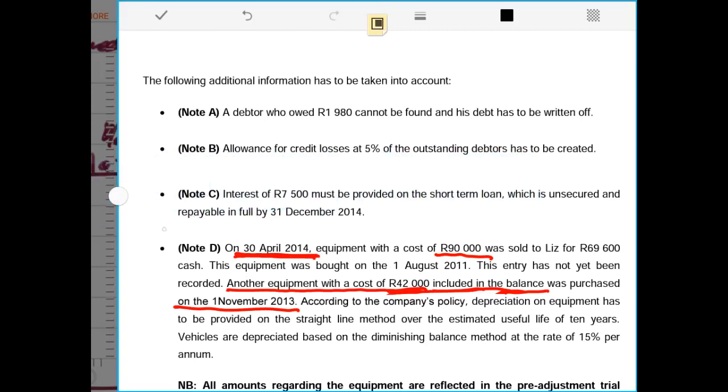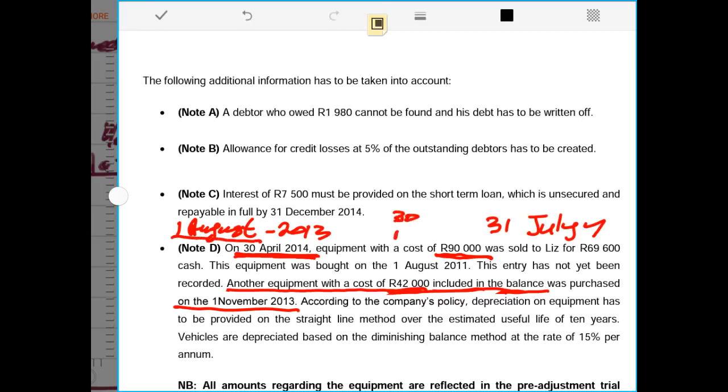Remember, the 2014 accounting period started on the 1st of August. 1st of August 2013 was the beginning of the 2014 accounting period, and this will end on the 31st of July. So this asset, equipment costing 90,000 rands, was in the business from the 1st of August until the 30th of April.